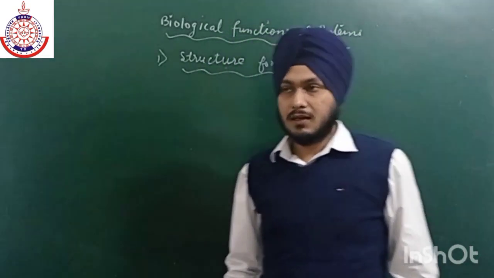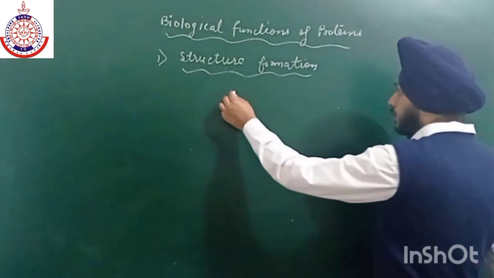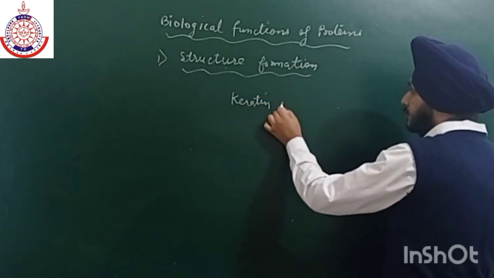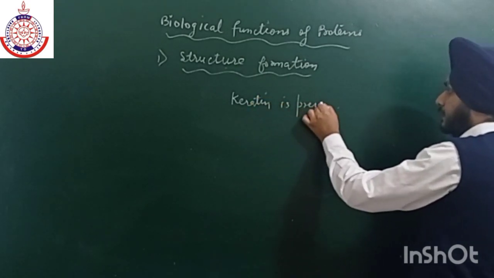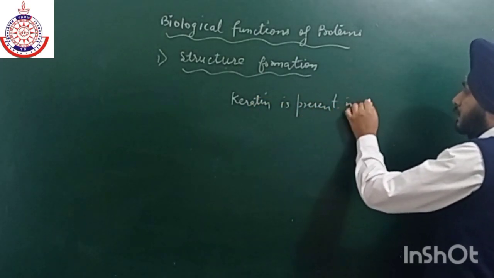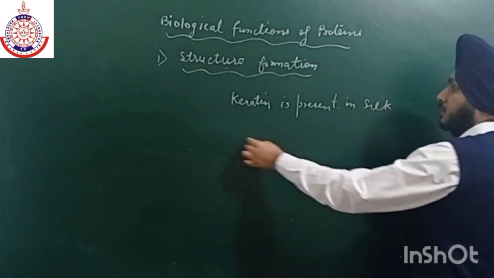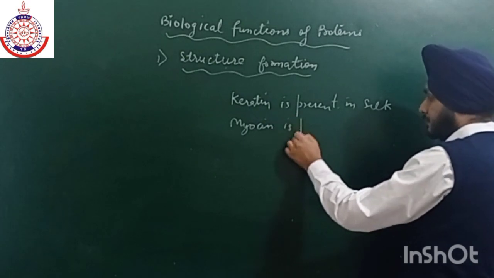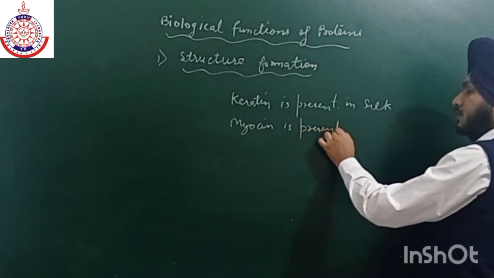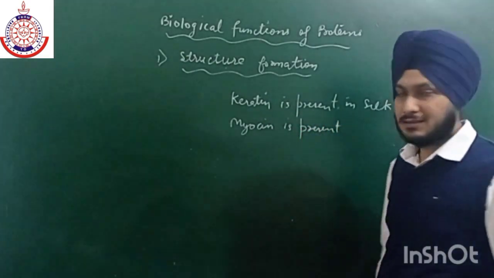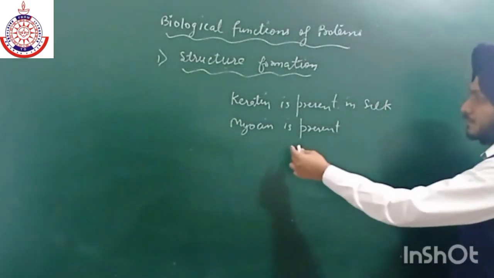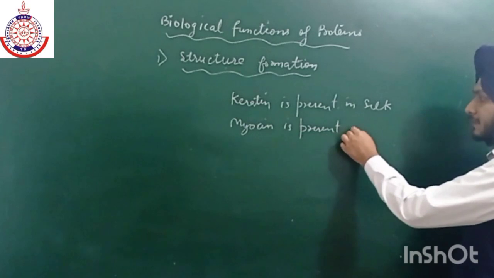For example, keratin is present in silk, and the best example is myosin. Myosin is present in muscles. Okay, so they are giving structures. They are the building blocks of our structure.